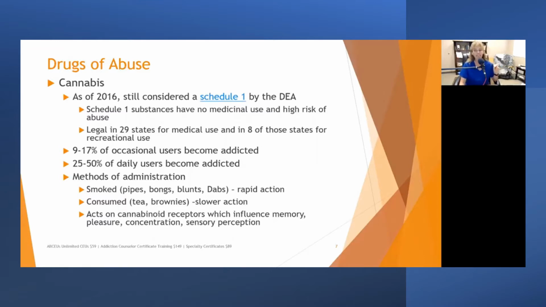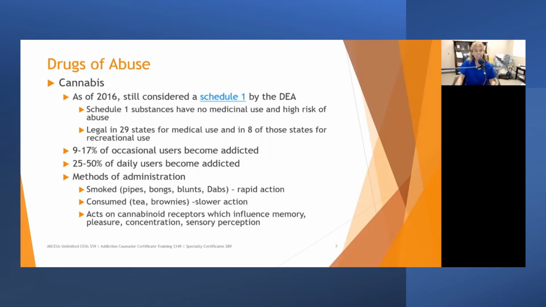And in 8 of those states, it's also legal for recreational use. So it's Schedule I, but we've got a lot of laws that kind of contradict that, which leaves a lot of room for people who have substance use issues to minimize, justify, and deny they've got a problem because they can point to case law and regulations.